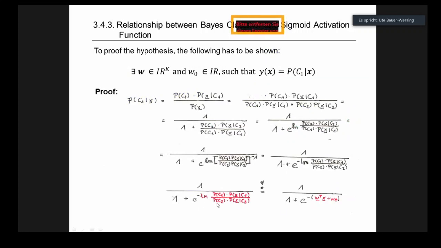And as you can see, what we have to show now is that the natural logarithm of these two probabilities here is equivalent to the inner product of a weight vector transpose times X plus the bias. So it remains to be shown that the red parts are equivalent.